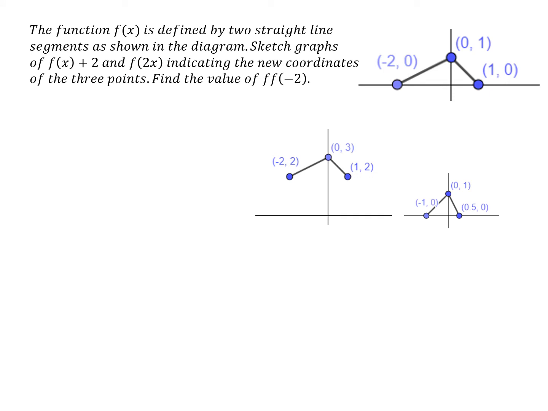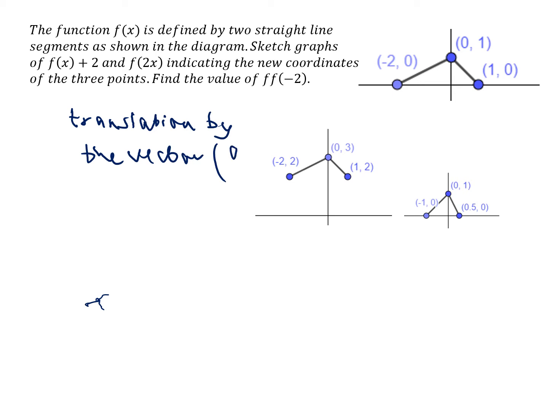So we could describe the first transformation as a translation by the vector (0, 2), because it's going up 2 in the y direction.